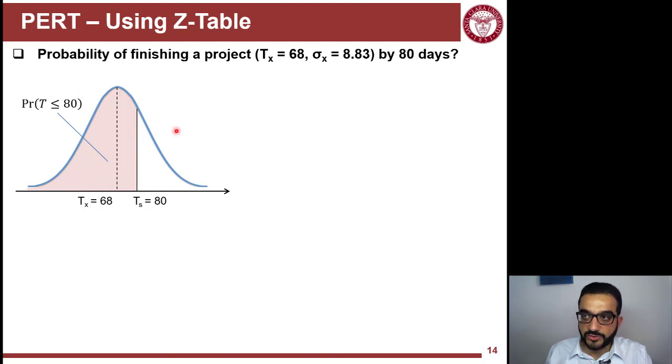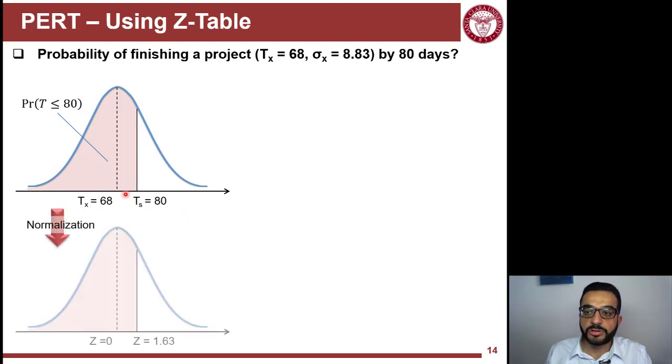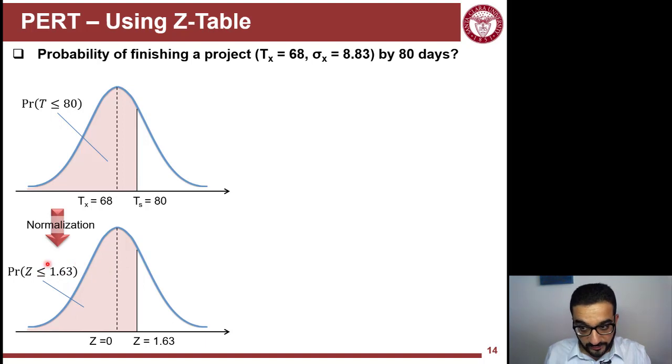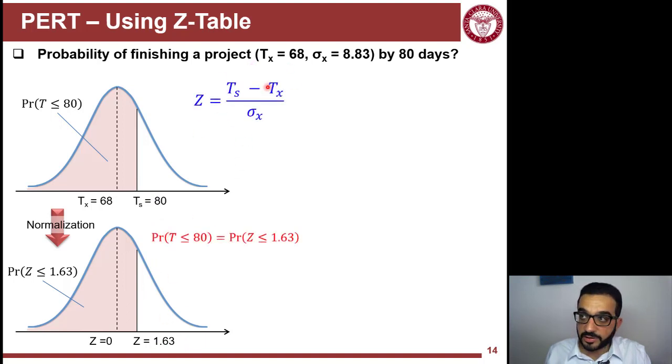So what I will do is I will normalize the normal distribution into a z distribution. And my question, instead of finding what's the probability of t less than or equal to 80, will be what's the probability of the z variable being less than or equal to a specific value corresponding to the 80 days deadline. How to find this z value is by the z formula here.